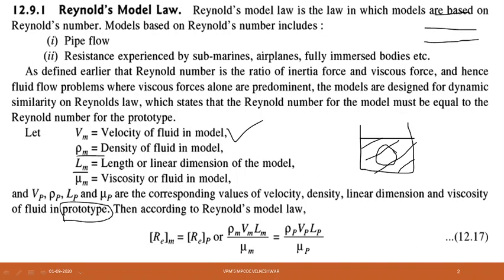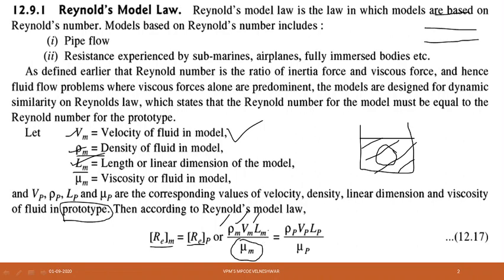Now according to Reynolds number, Re m is the Reynolds number for the model and Re p is the Reynolds number for the prototype. Velocity, density, and length are involved, so we take the formula as rho m into Vm into Lm divided by mu m, where mu is viscosity, rho is density, V is velocity, and L is length.